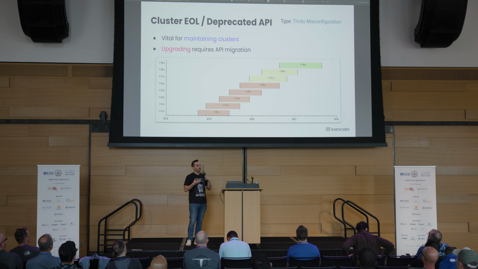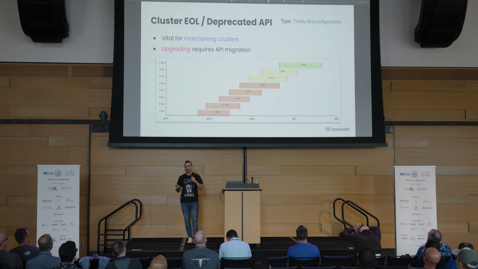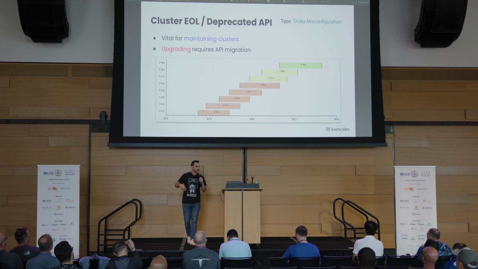But every new version will introduce some deprecation to existing APIs, some existing resources that you might be using. And if you're using an API resource that is getting deprecated, something might break in the process of upgrading. So you might go from one version to a newer one, and then things stop working. Or for example, there are some feature gates in Kubernetes that might be enabled in a new version that will change how things work for you, and that's not expected.